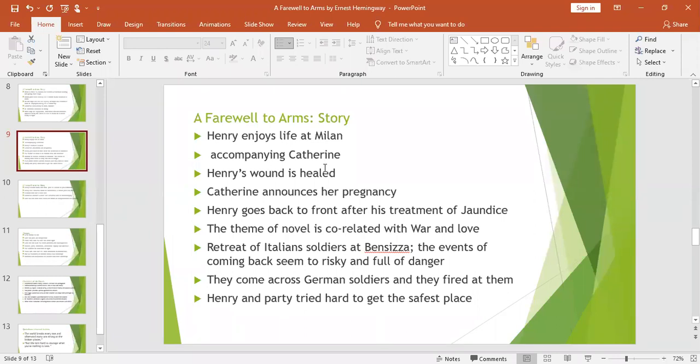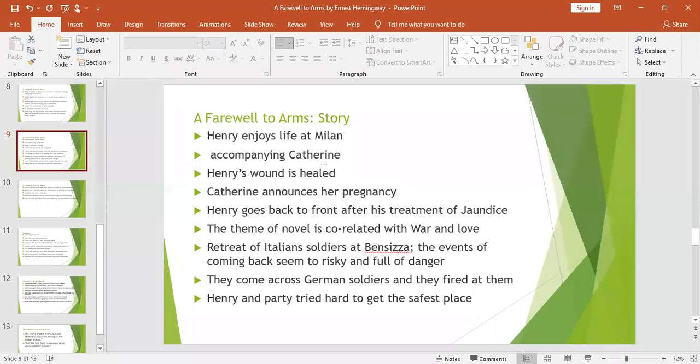And then after that, Henry goes to another city, and in the final place, we come to know that at the end, Henry and Catherine go to Switzerland, because they think that Switzerland is the safest place, where they can enjoy their life.